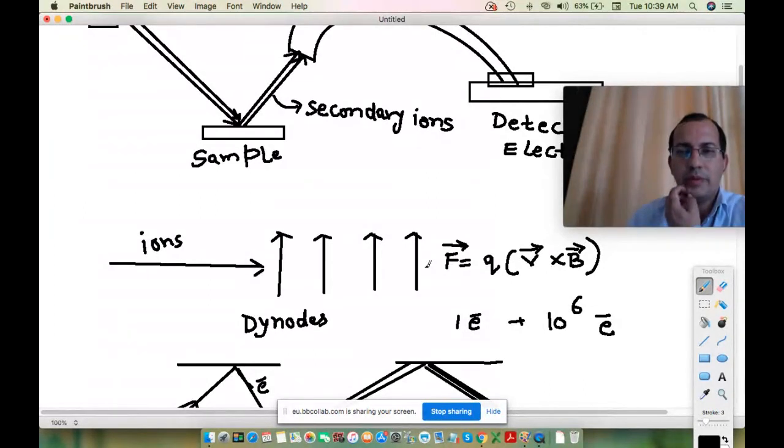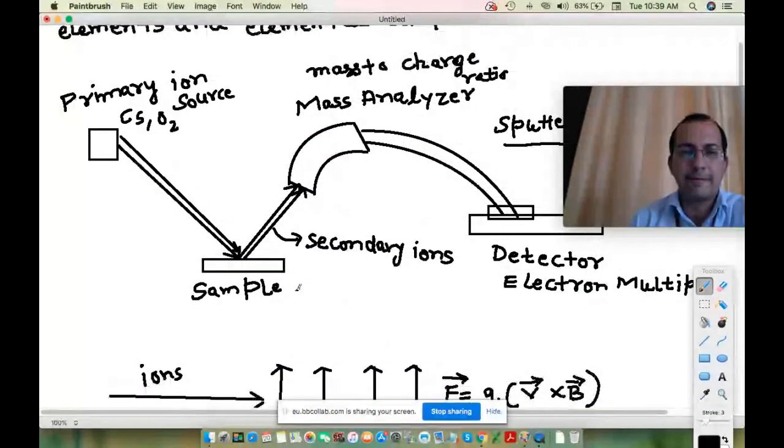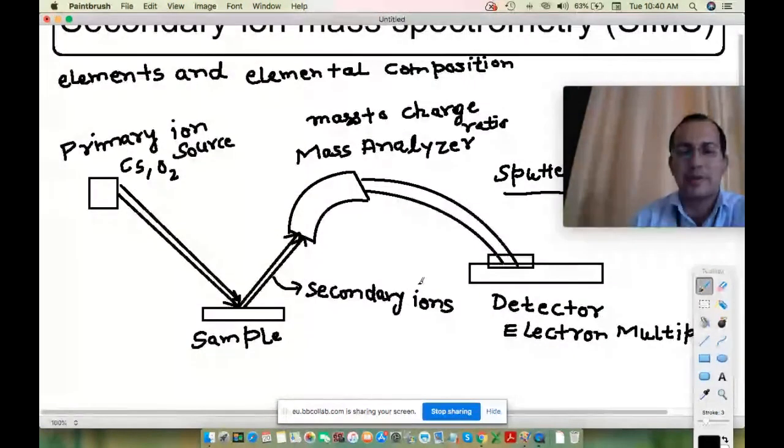If you look into the details, then you can answer this query. Because how you will collect the secondary ions will be an issue in the case of SIMS measurements.